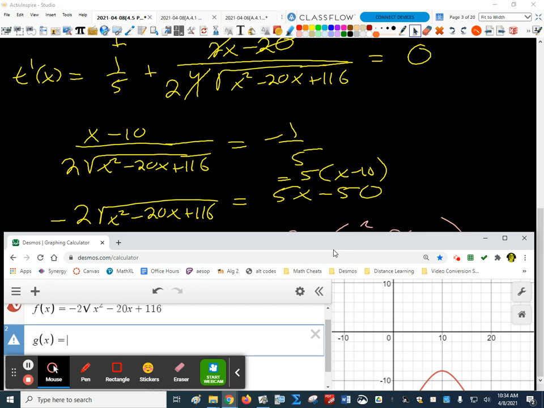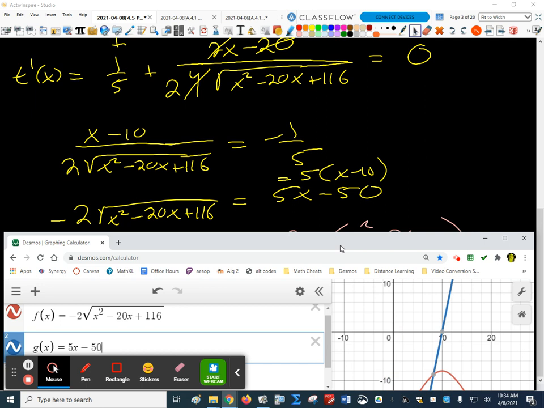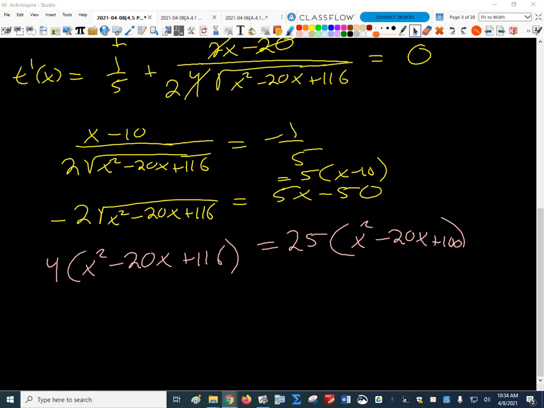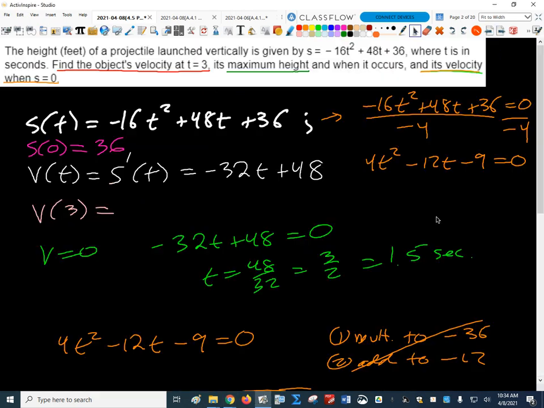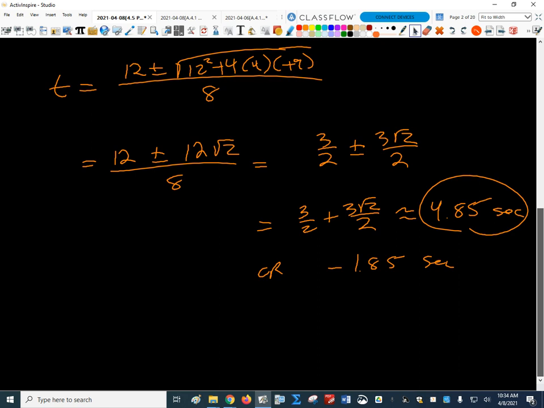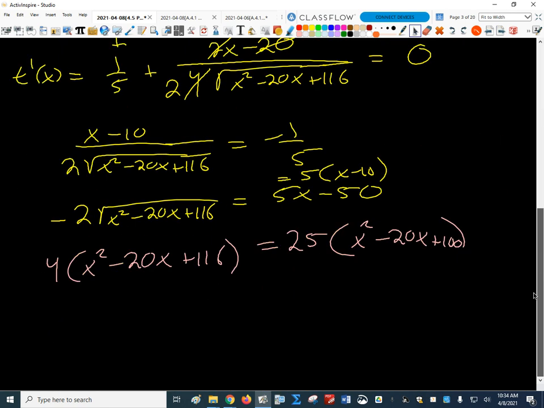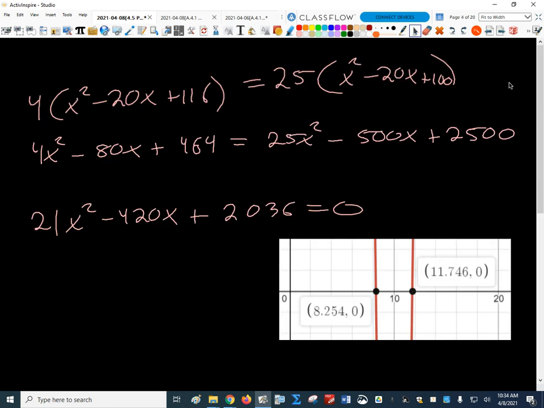This is where Desmos makes it really easy to evaluate stuff. Now we can just plug in our values. Write these down on paper, somebody: 8.254 and 11.746.